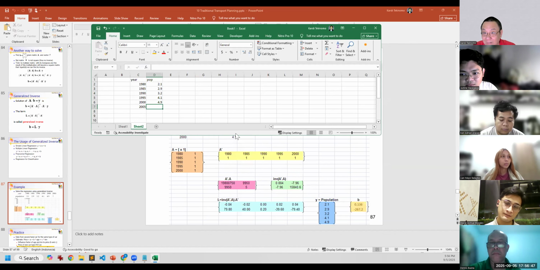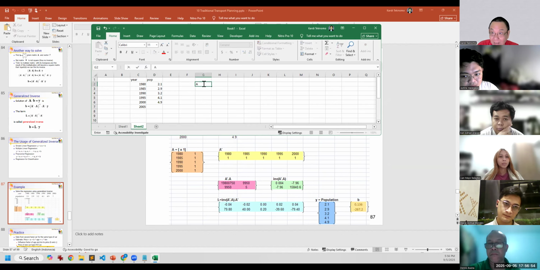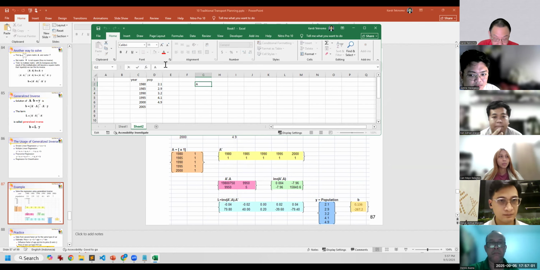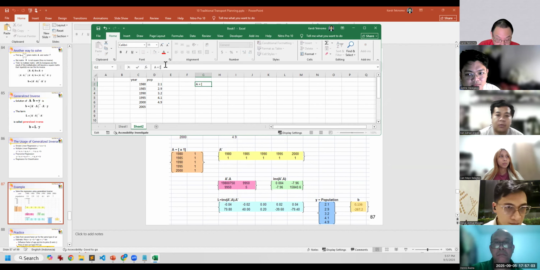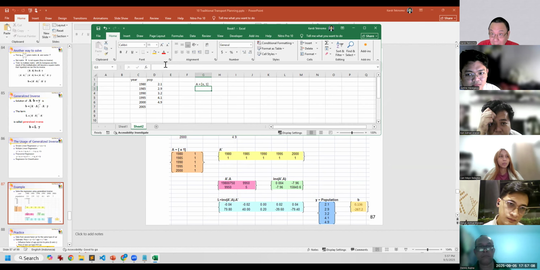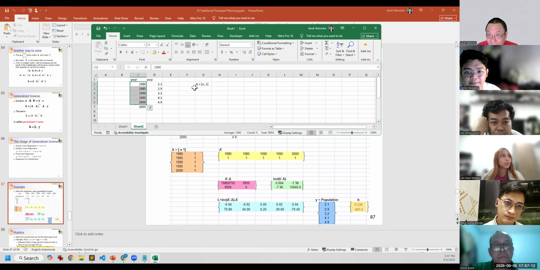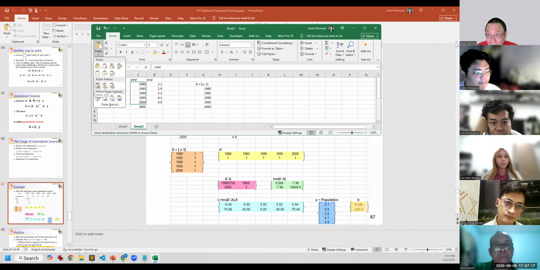You can try. Then we will form a matrix A. Matrix A consists of X and 1. So A is equal to X and 1. I just copy the X here, and then this is just 1.